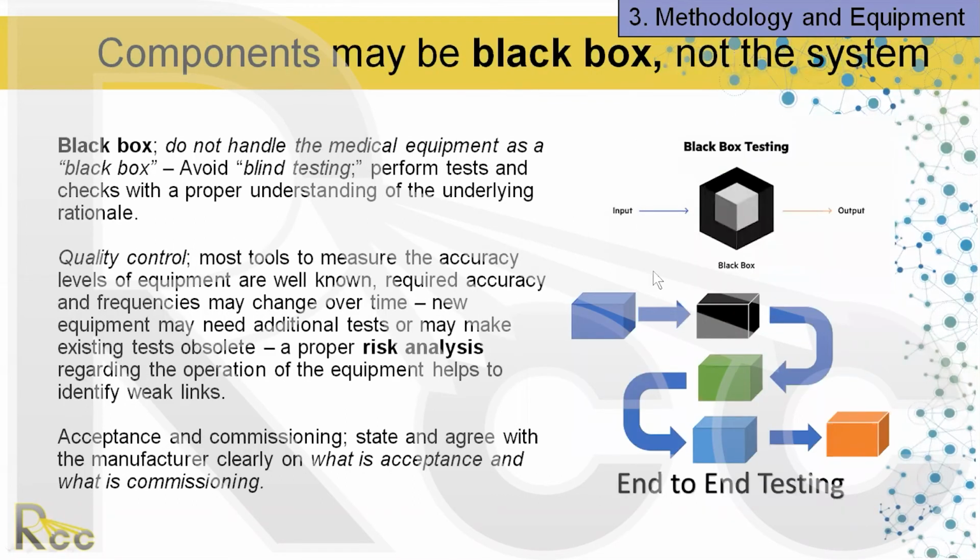And this is going back to the end-to-end. Components may be black box, but the system should not be. One of those components could be how it's actually doing the algorithms that are involved in deforming your tissues. If you're doing some kind of deformation, registration and fusion, those algorithms may not be something that you fully understand.